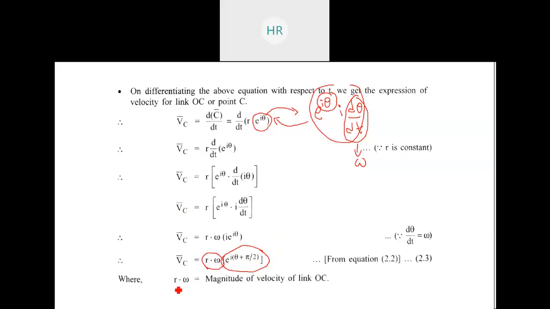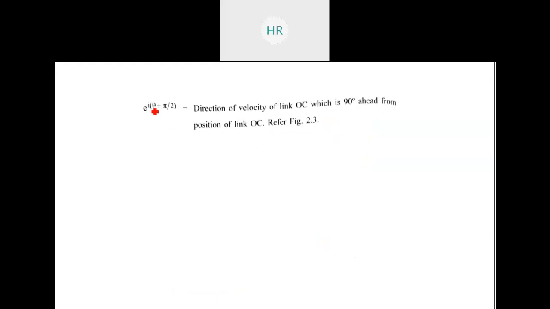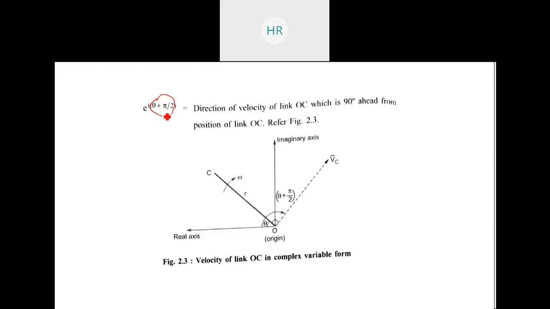So what is written over here? Magnitude of velocity of length OC and e raised to I theta plus pi by 2 is the direction. Okay. Now it is written over here theta plus pi by 2. So let's look it on graph how it looks.